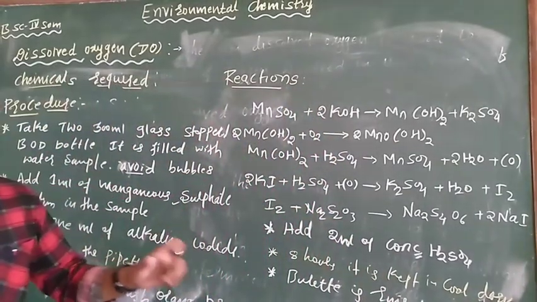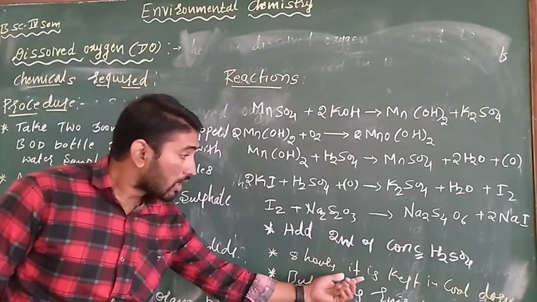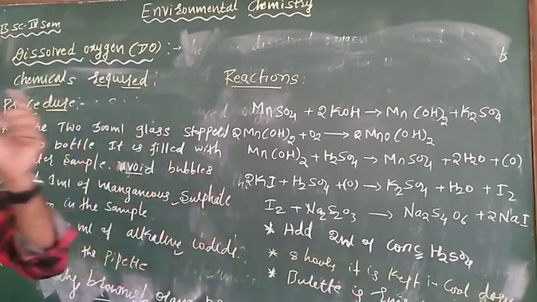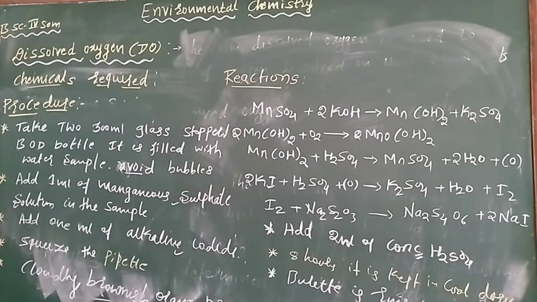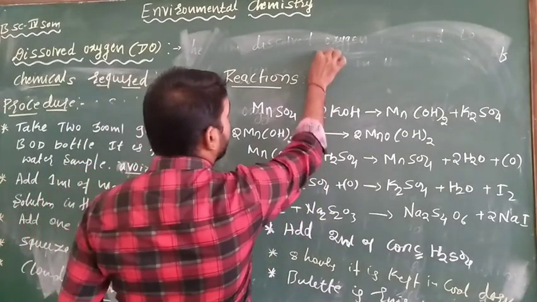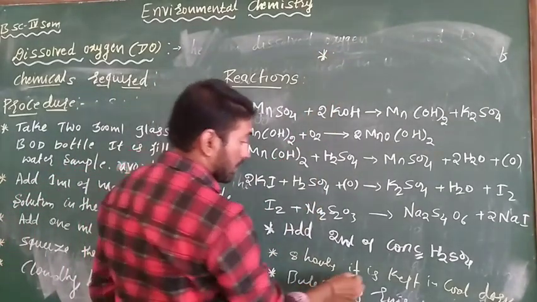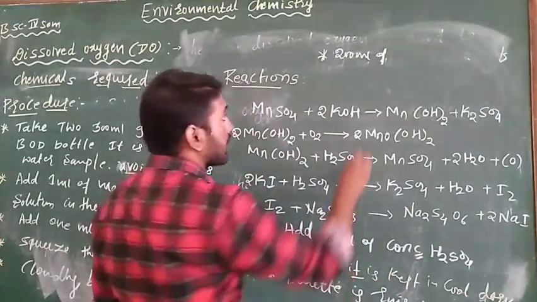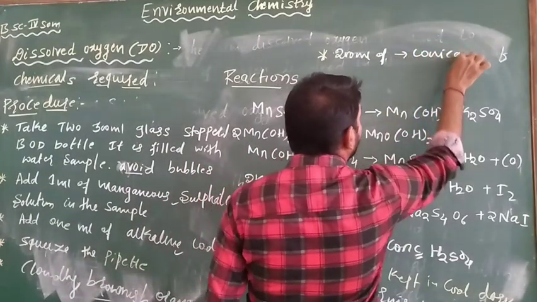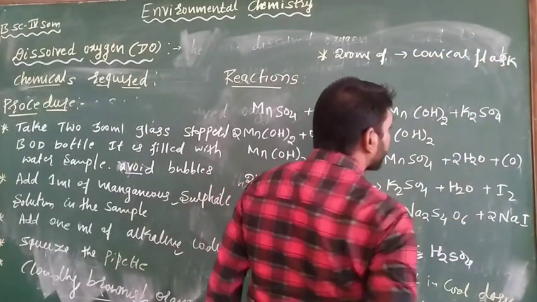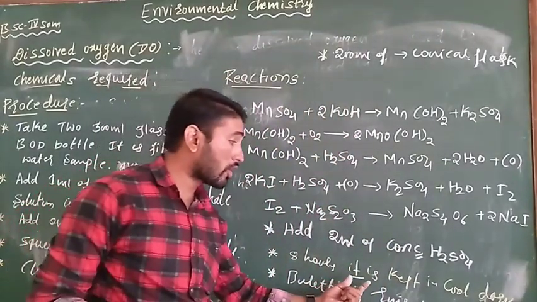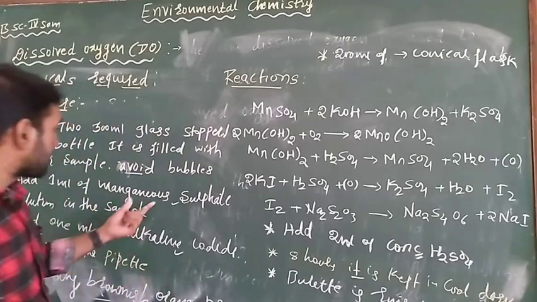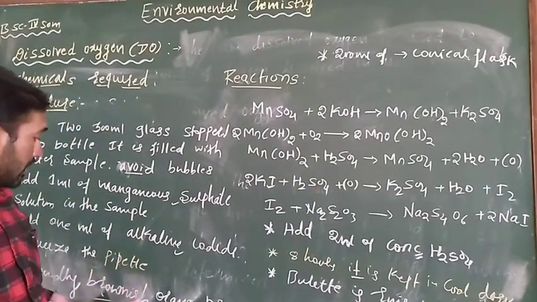You have to take 200 ml of this solution in a conical flask, the solution you prepared by adding manganese sulfate, alkaline iodide and concentrated sulfuric acid.